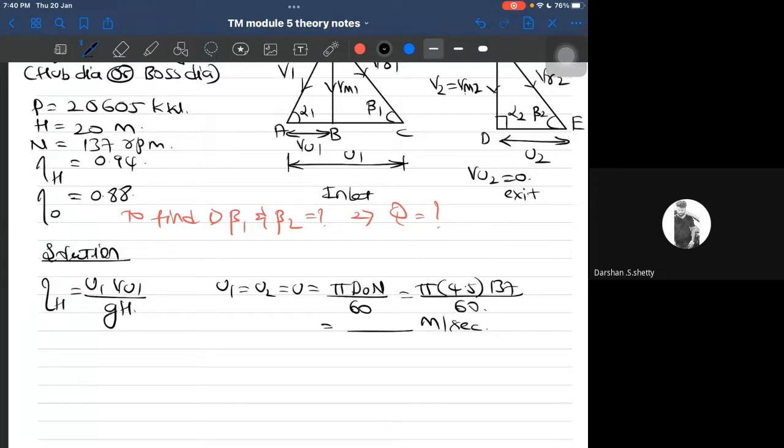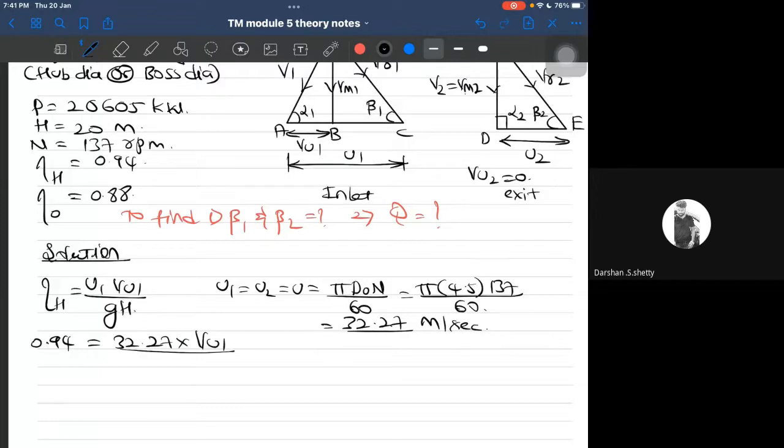32.27. Okay. So now again, same thing, substitute here. 0.94 is equal to U1, which is 32.27, cross VU1, divided by 9.81 into available head, which is 20 meters.